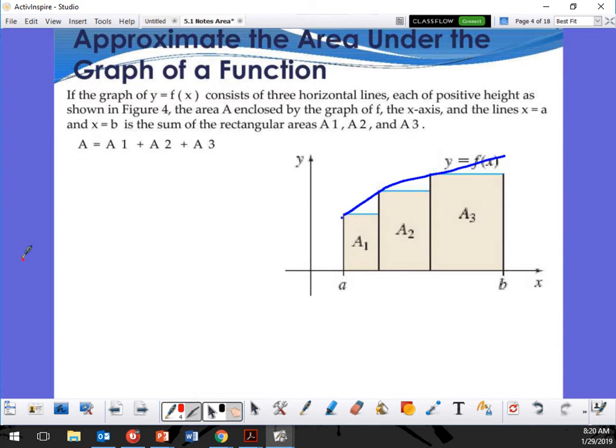Next one, I'm going to do a right hand. The right hand would look something like this, the red one there. That would be a right-hand estimation, so the right upper corner of each rectangle connects to that line.